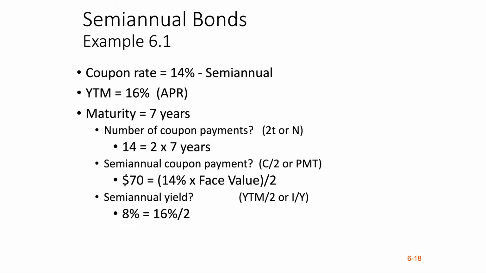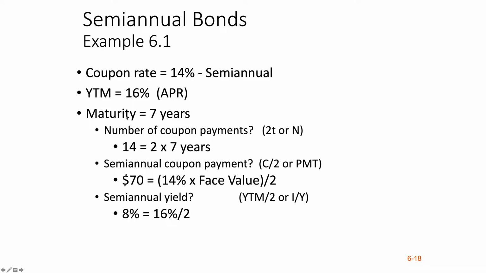Coupon payment is 14% times 1,000. You get 140, divided by 2. You get 70. 70 is your 6-month payment. What is the semi-annual rate of return? It is 16 divided by 2. So for the coupon payment and yield to maturity, cut in half, but the period, double it.